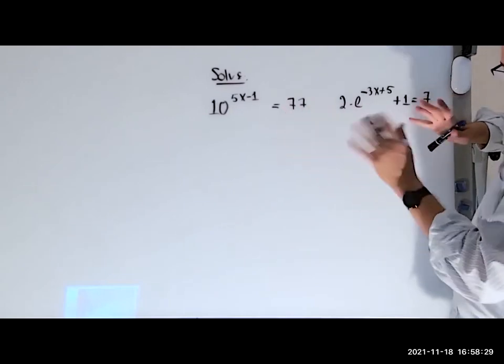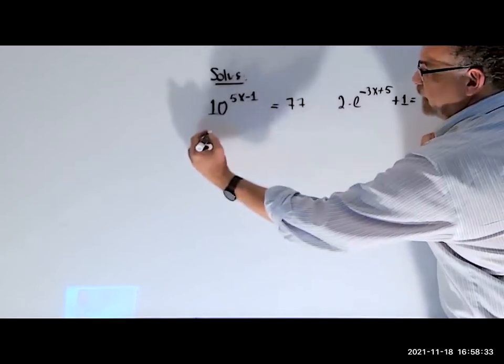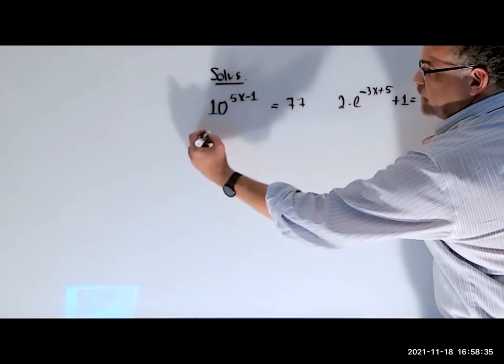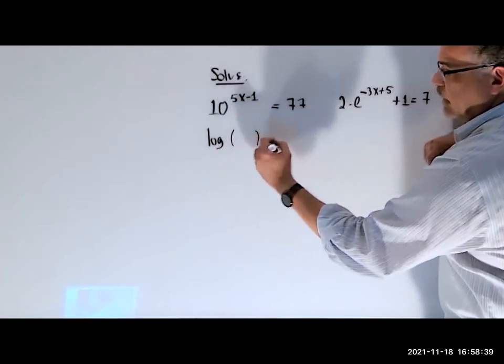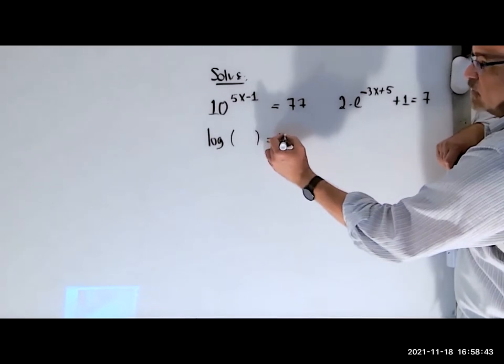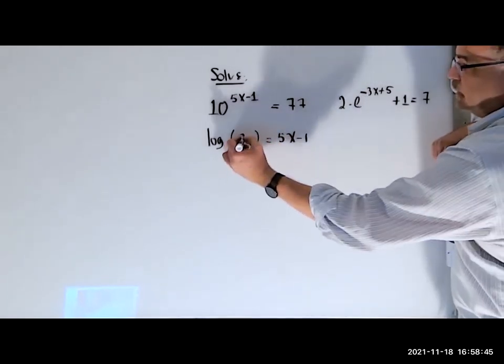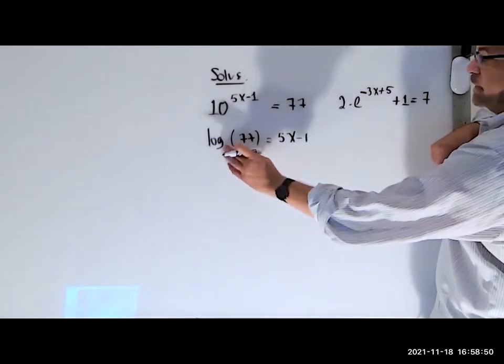Just to recap, it's more of the same. Base 10, so we do, okay, fantastic. It's an exponential, so we switch to log. Log base 10 of what equals what? The log is the exponent, so it will be equal to 5x minus 1. The argument is 77, of course the base is 10, which we don't write.